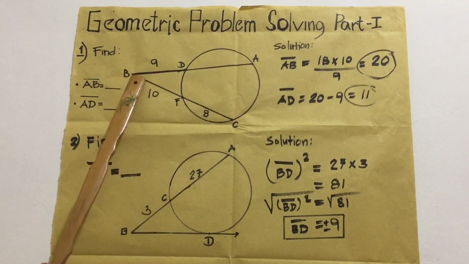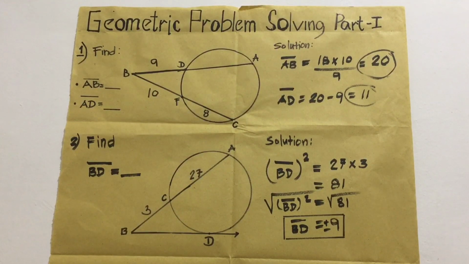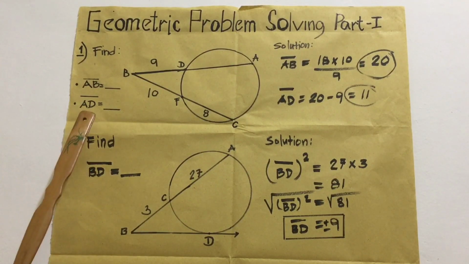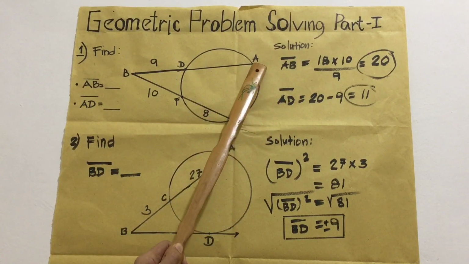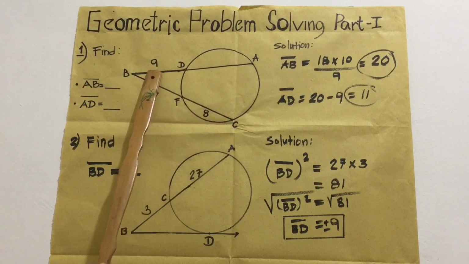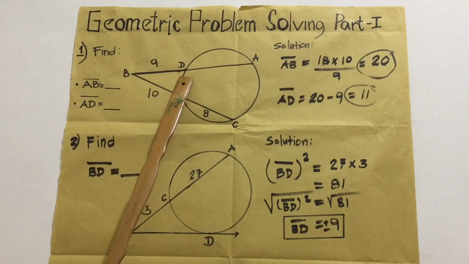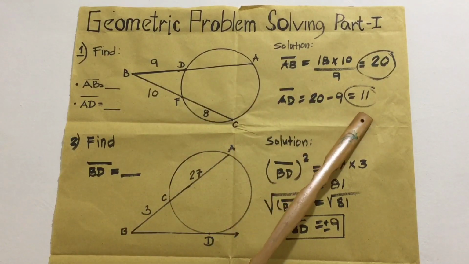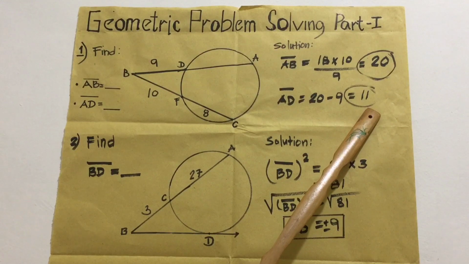From A to B, the distance here is 20. Next, find AD. Since we know the secant AB is 20, we subtract the segment BD, which is 9. So our segment AD is equal to 11.